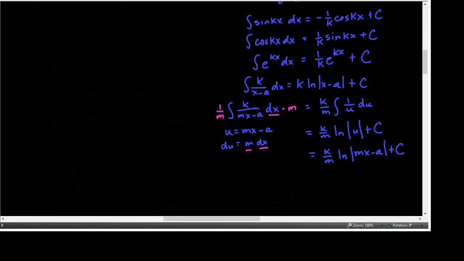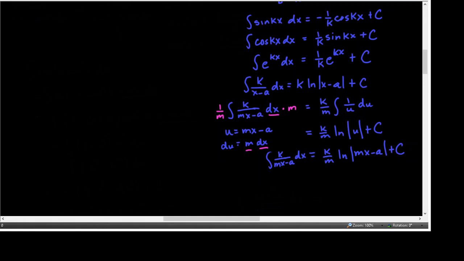So here's the final version of that rule. If you have a constant k over a constant mx minus a constant a dx, this is a shortcut for its antiderivative.